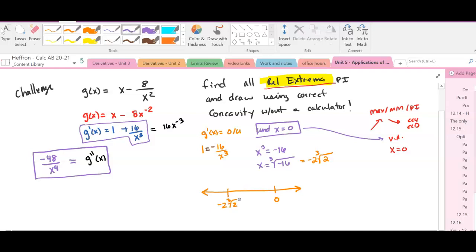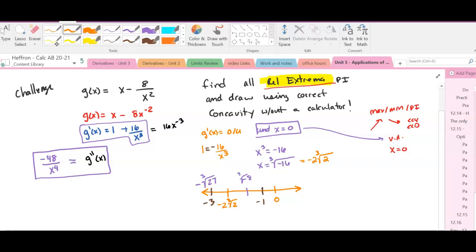Well, we decided that something smaller than this would be the cube root of negative 8, because negative 8 is less than 16, and the cube root of negative 27 would be the other side of this critical value. So I'm going to test 1 and negative 1 and negative 3, because the cube root of negative 27 is negative 3.